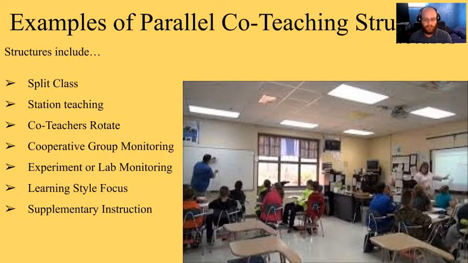Co-teachers rotate, where they rotate among 2 or more groups of students, with each co-teacher teaching a different component of the lesson. Similar to station teaching, except that in this case, the teachers rotate between groups, instead of groups of students rotating between stations.